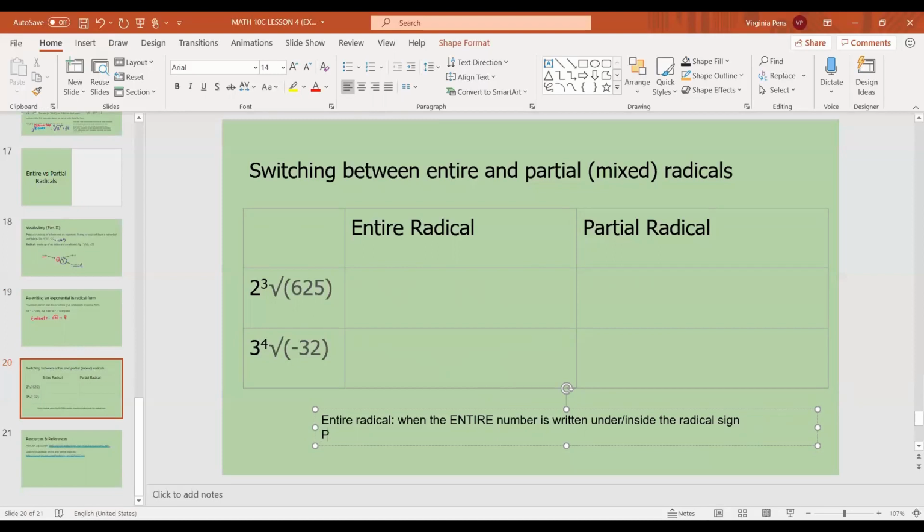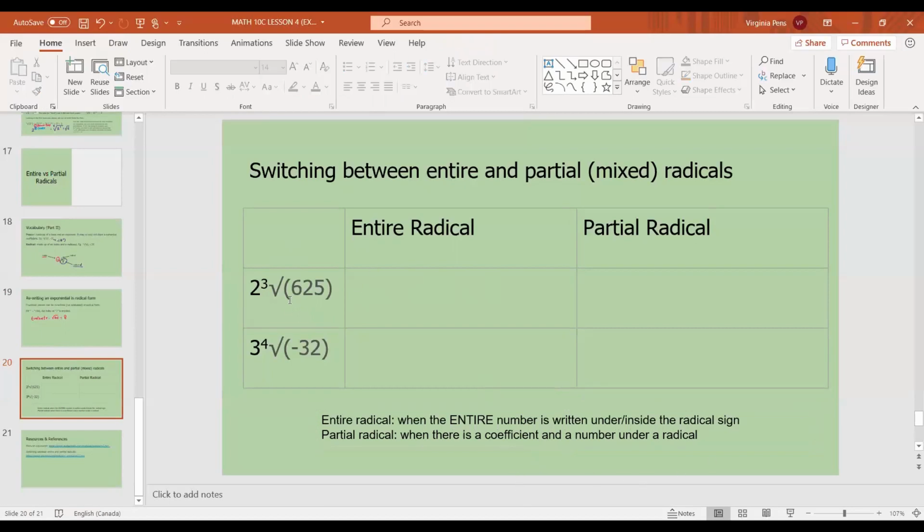So the partial radical is exactly what it implies. When there's a coefficient, and a number under a radical, the number under the radical can't be divided or taken out, so we leave it in there.